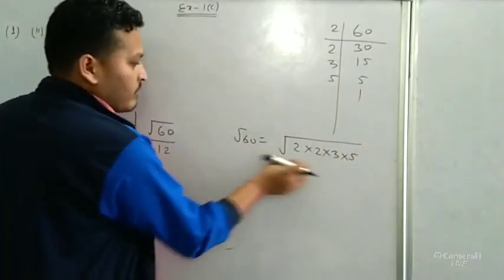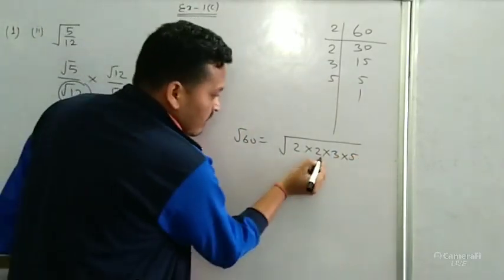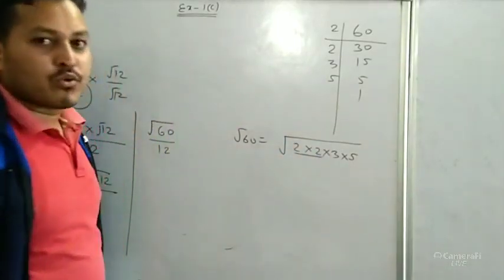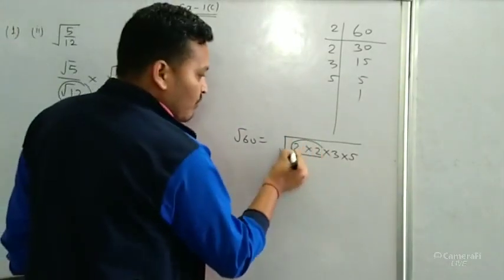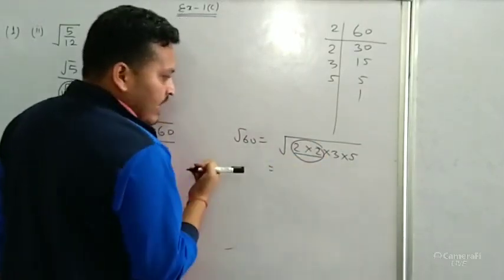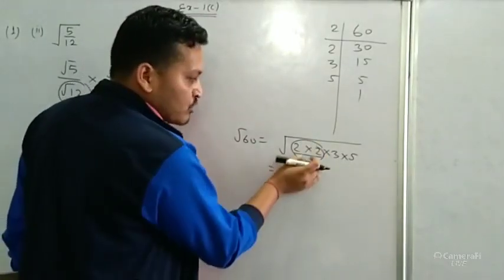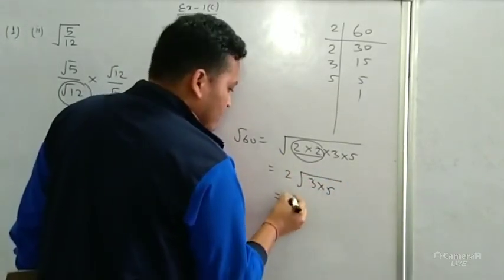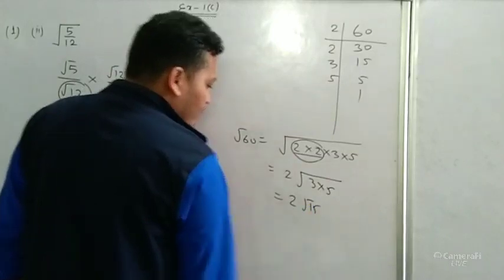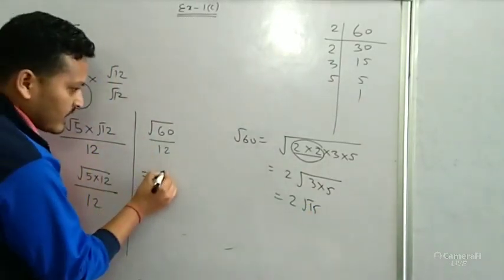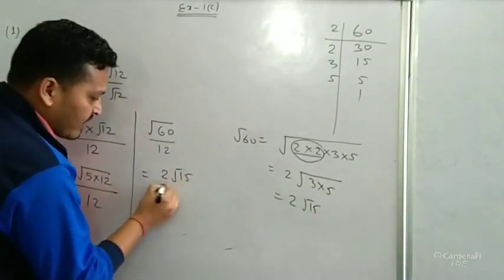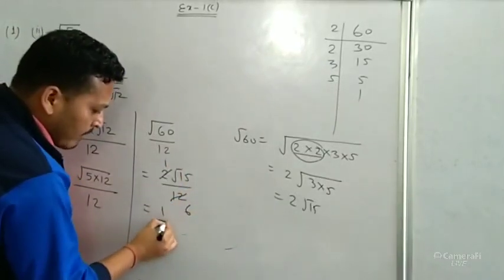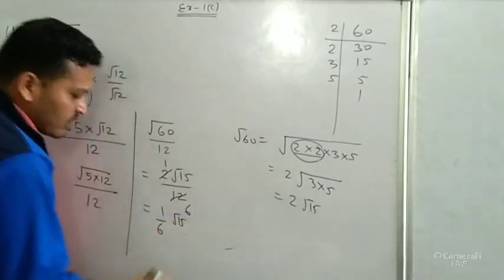Now take 2 into 2 outside the root. 2 into 2 is 4, and when we take it outside the root, the answer will be 2, because one comes out of the pair. The remaining is 3 into 5, so √60 we can write as 2 into √15. So 2√15/12, the answer will be 2 cancels with 12, 1/6 into √15. This is the solution of this question.